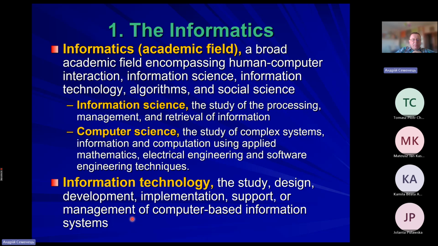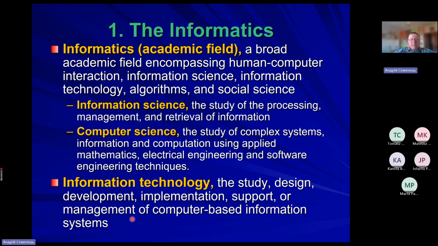Again, a more comprehensive definition of informatics. It's a broader academic field, which includes human-computer interaction, information science, information technology, algorithms, social science. And we have related scientific areas, as was shown on the previous diagram: in addition to informatics in general, we have information science and computer science, which are working together with the same goal.